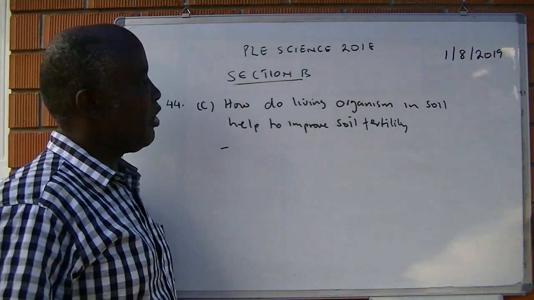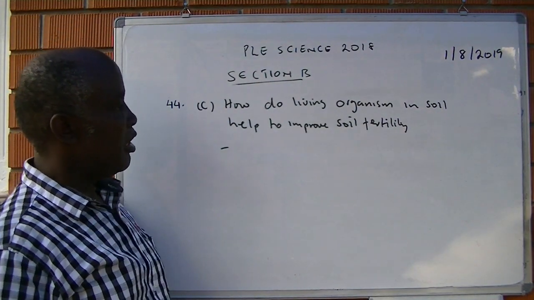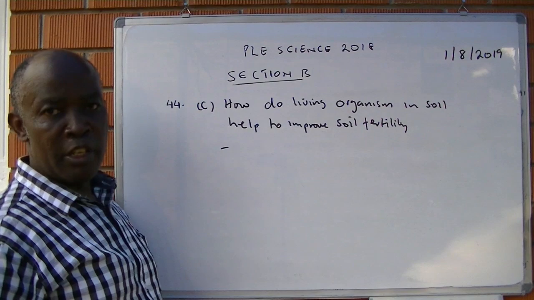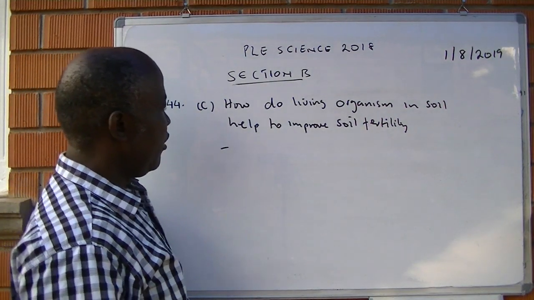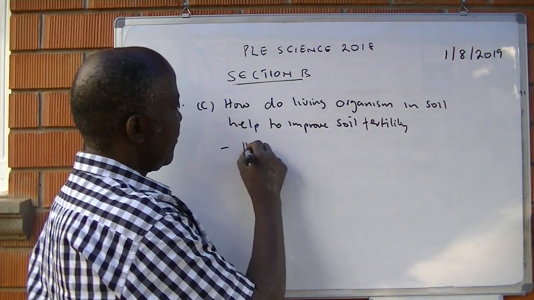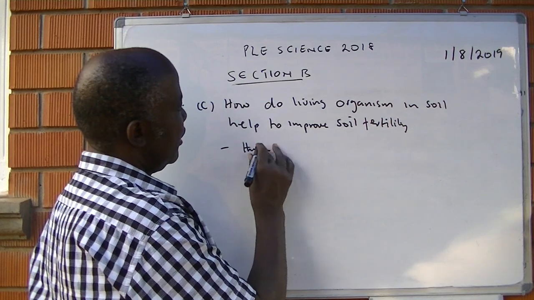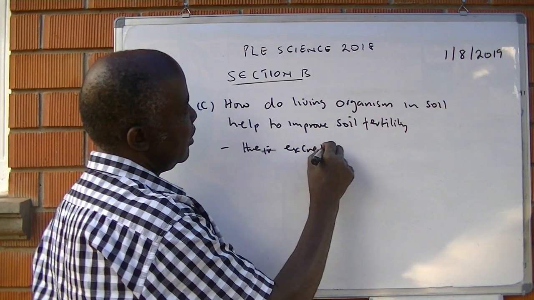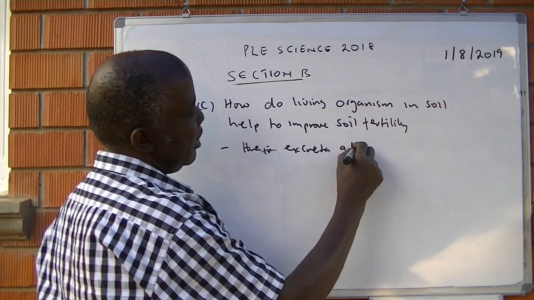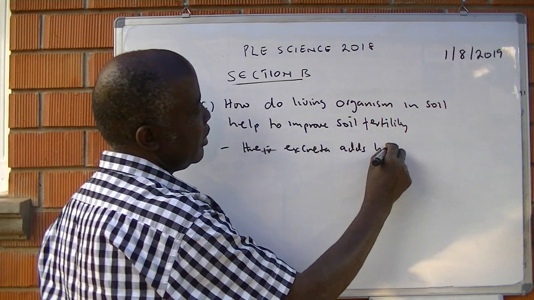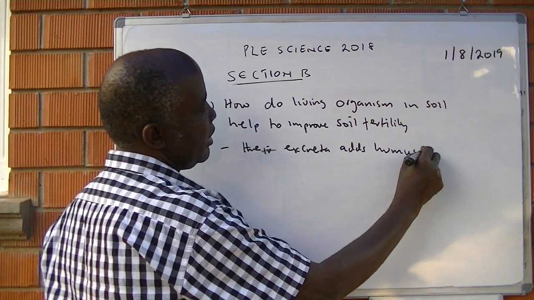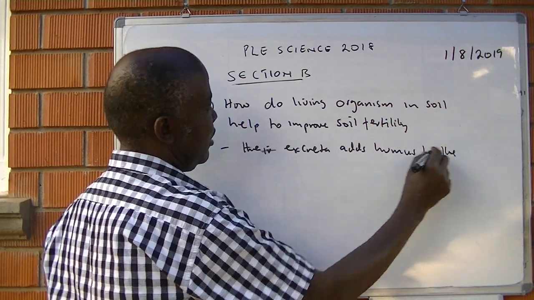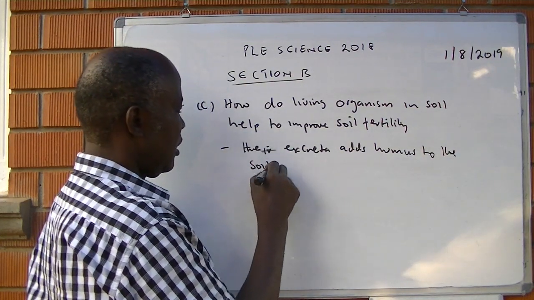44C. How do living organisms in the soil help to improve soil fertility? Their excreta adds humus to the soil.